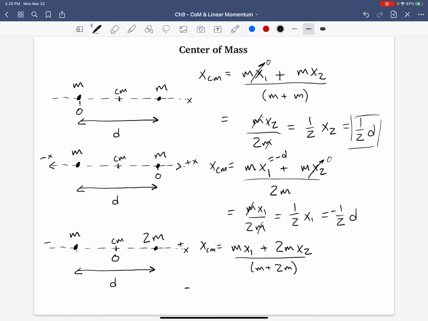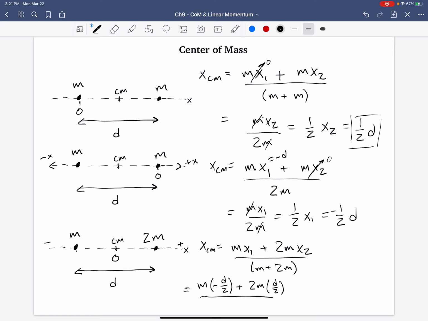Now we have m, and then x1 is at a distance of negative d over 2, right? And then we're adding to that 2m, and x2 is at a distance of positive d over 2.